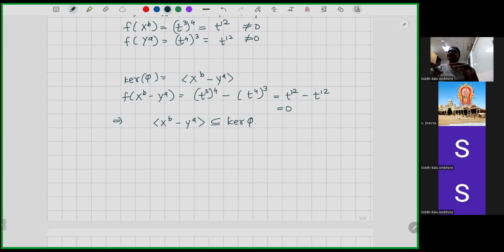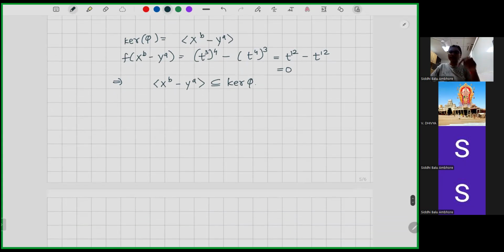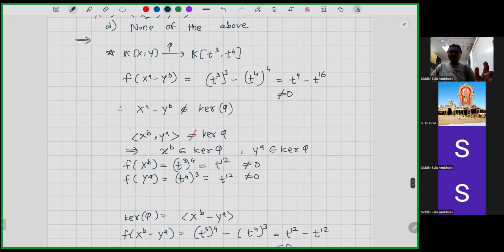Okay. But is this exactly equal to that element? Can we talk about the equality? Any guesses: will this always be equal for any chosen map P, for any given positive integers a and b?